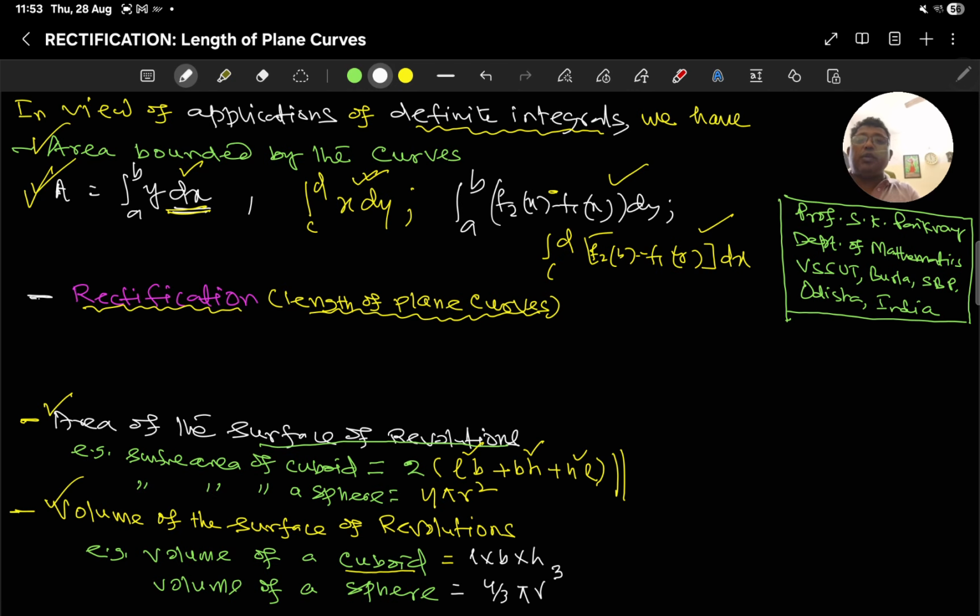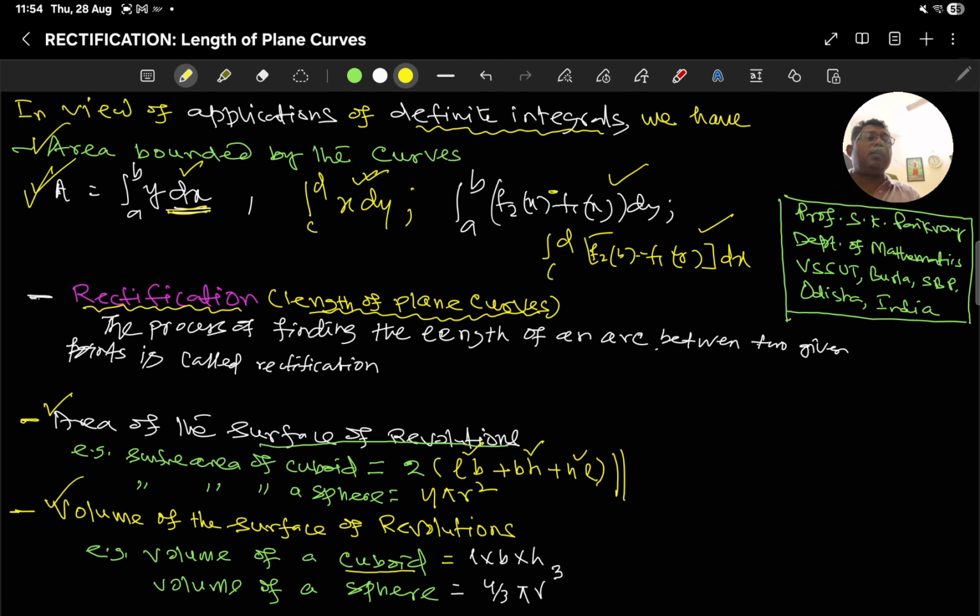So now rectification means the process of finding the length. What is the rectification? The process of finding the length of an arc of a curve between two given points is called rectification, right?